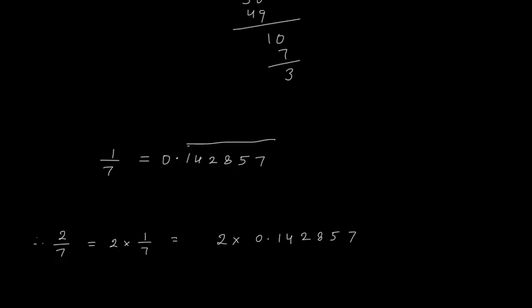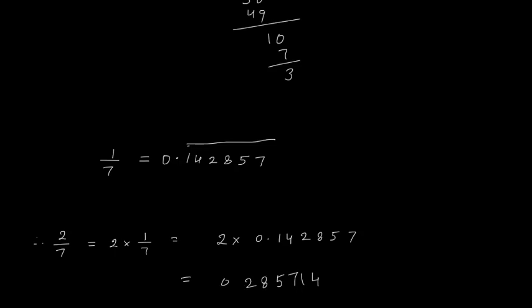So I will multiply these numbers with 2. 2 7s are 14, I will write 4, 1 carry. 2 5s are 10, 1 is 11. 2 8s are 16, so 1 carry, 17. 2 2s are 4, 1 is 5. 2 4s are 8, and 2 1s are 2.